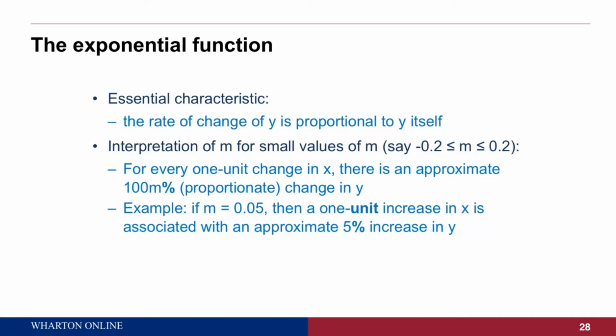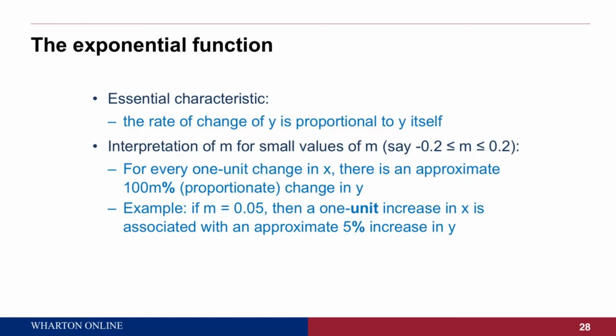So what you're seeing in the exponential function, and it's differing from the power function, is now we're talking about absolute change in x being associated with percent or proportionate change in y, and we're claiming that that is a constant. If you go back to the power function, we were looking at percent change in x relating to percent change in y through the constant m.